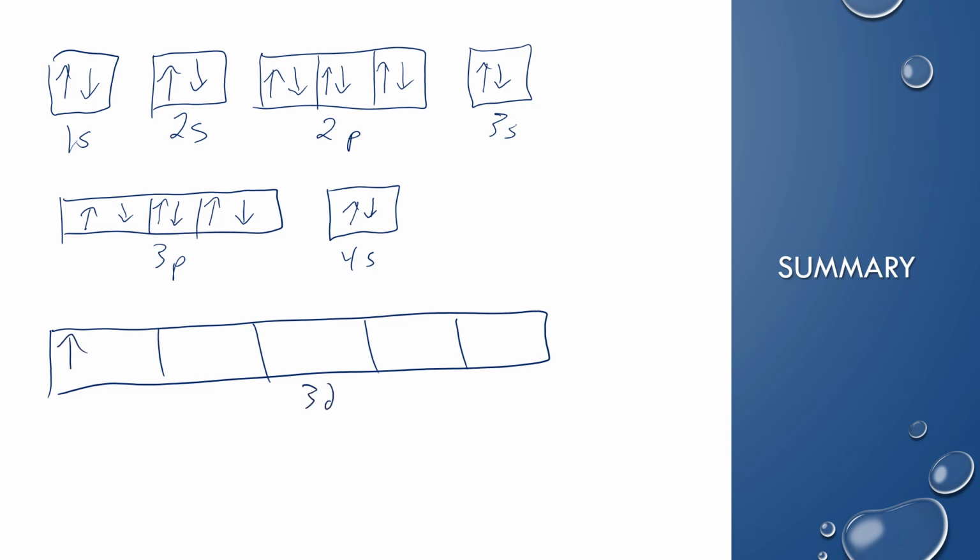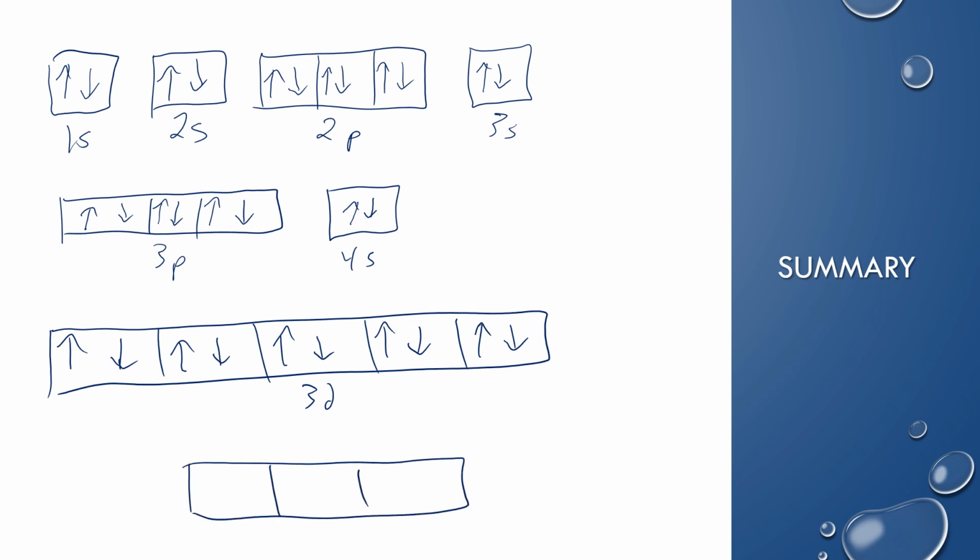You will put 1 electron in each before you double up. And then finally, after 3d will come 4p, 1 electron in each before you double up. And so that is the extent that you need to know orbital diagrams and the order in which you need to fill in electrons into an orbital diagram.